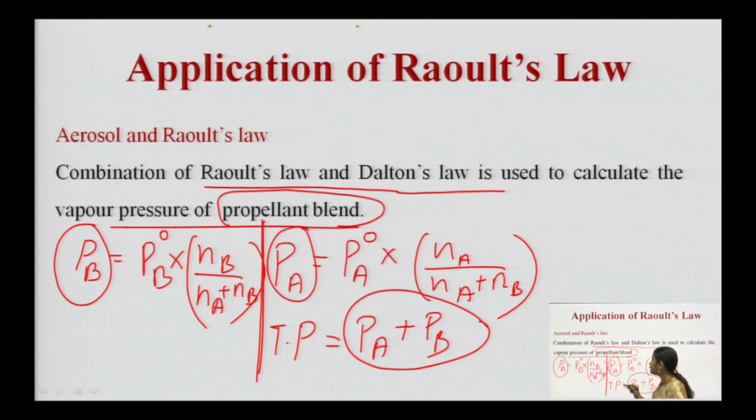It will help us select the appropriate propellant blend depending on how much force or pressure is required to expel the drug, so that it can reach the desired site. If I want topical, then the pressure required will be less. If I want it to be inhaled and reach the lungs, then the pressure used will be higher. So, depending on that, we can select the propellant blends.